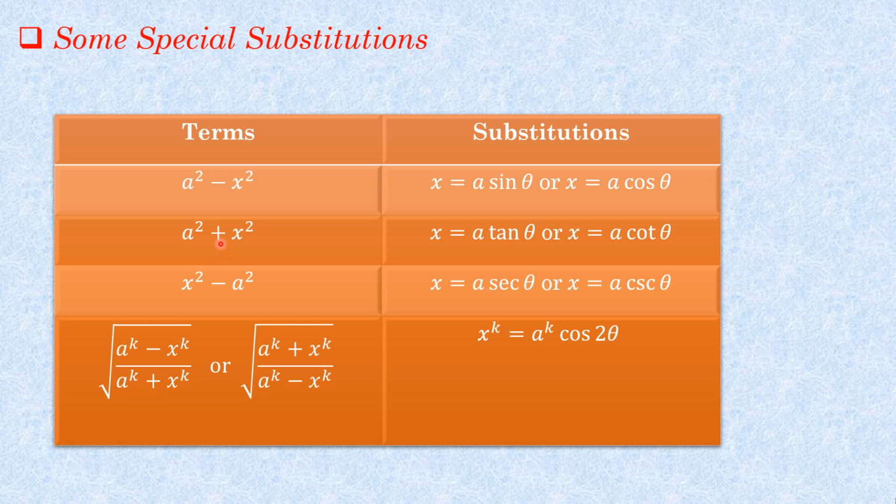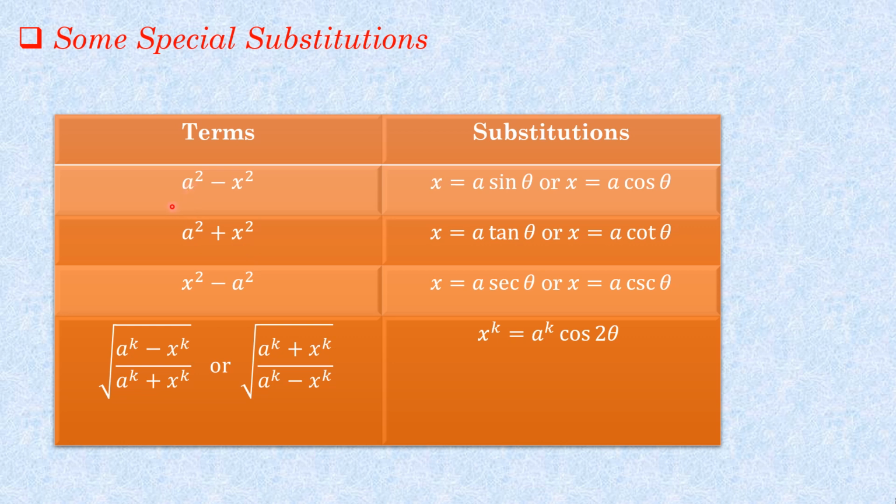Say if in a problem, inside sine inverse or cos inverse, tan inverse and so on, inside some inverse trigonometric functions, we have these types of terms, that is terms of the form a square minus x square, or a square plus x square, or x square minus a square. There is one special kind of term I will discuss later on.